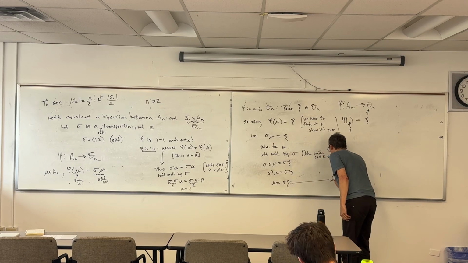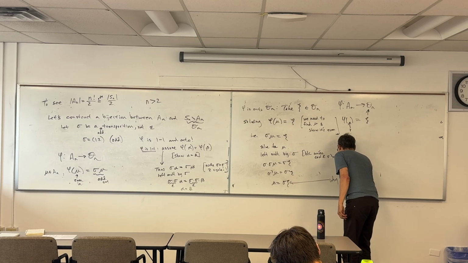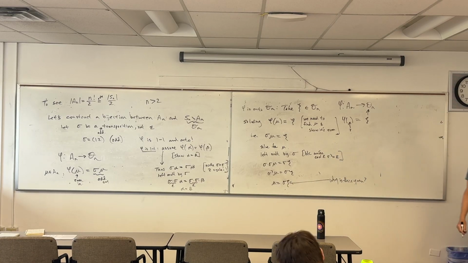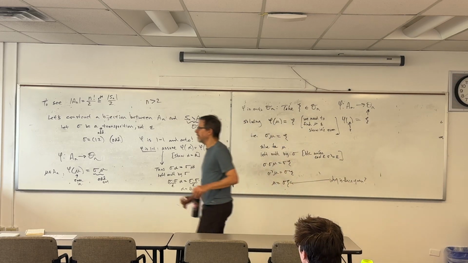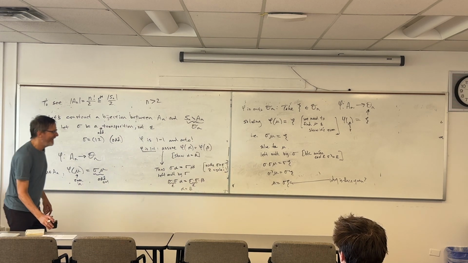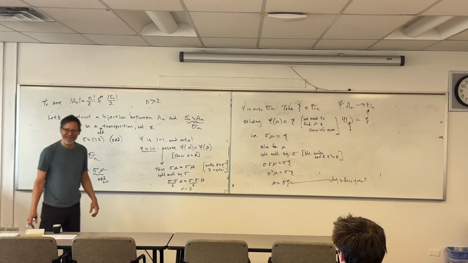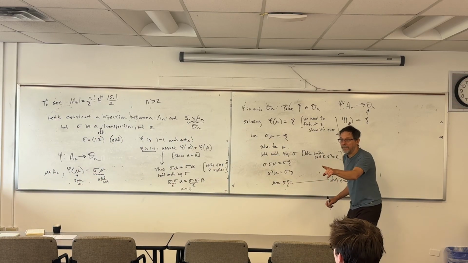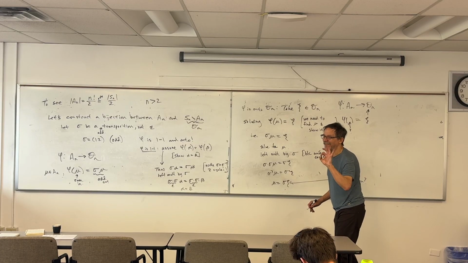Why is this even? Oh, because c is odd, and so is sigma. So it's gotta be even. Y'all see? Yes, Penelope? Because of over here when we used it? Okay.